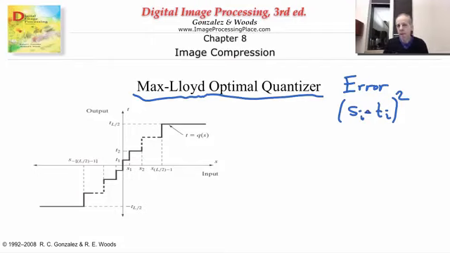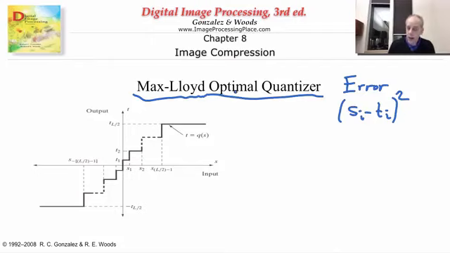But if you tell me, I can only use 256 levels, so I can only use 8 bits, so I can only have 256 of these intervals because I need to represent each interval by one of my strings of bits. So you predefine the number of levels, the number of intervals, and you predefine this as your error.